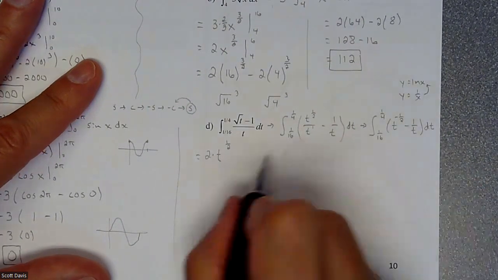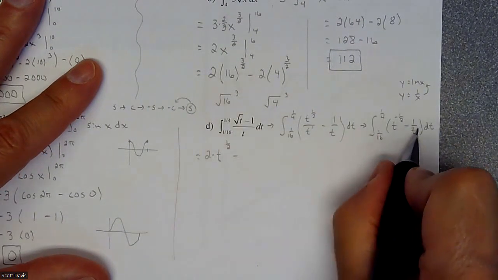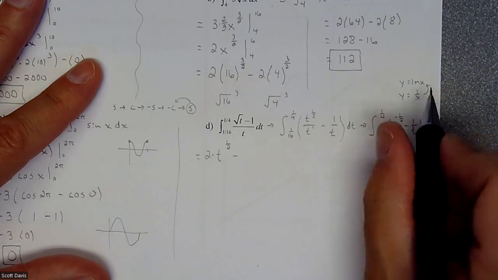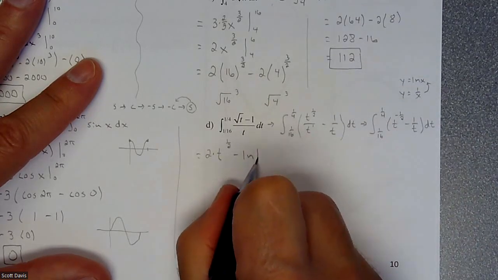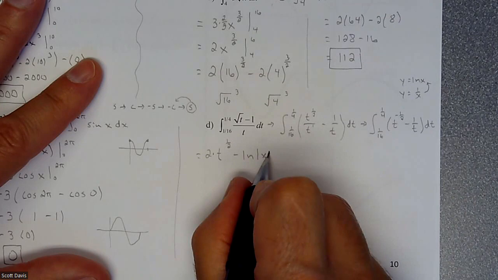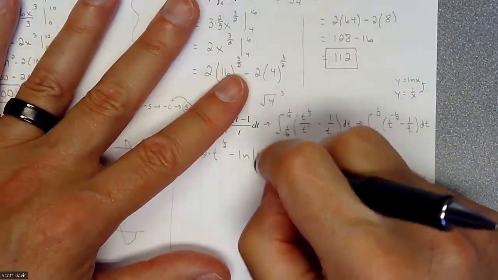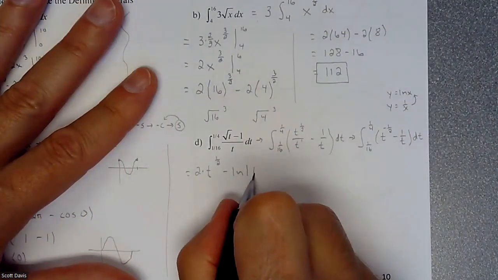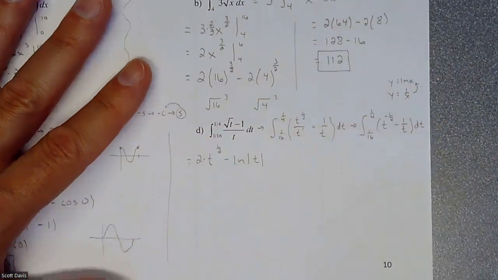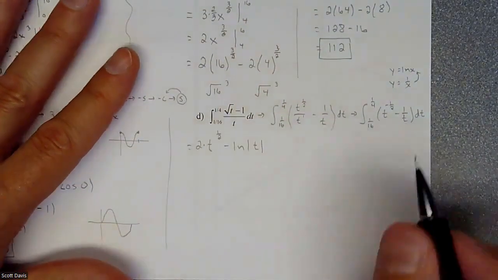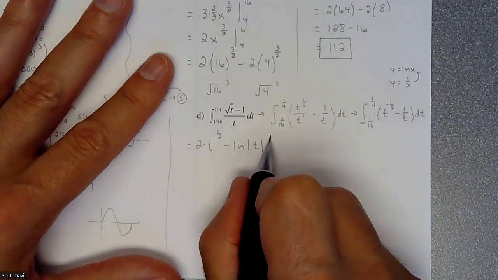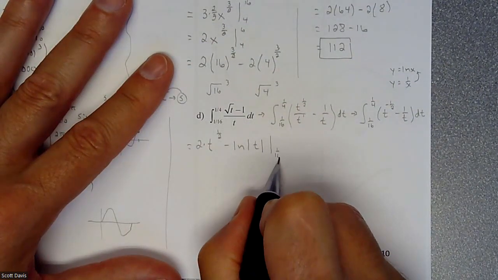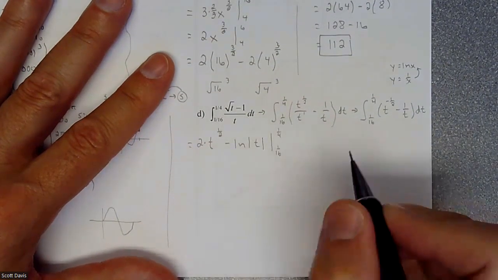And then I'm doing the antiderivative of 1 over t, which is the natural log. So I have the natural log with an absolute value just in case. We can't do the log of negatives, but we don't have negatives, so we should be fine. And then we're going to go from 1/16 to 1/4 on our area.